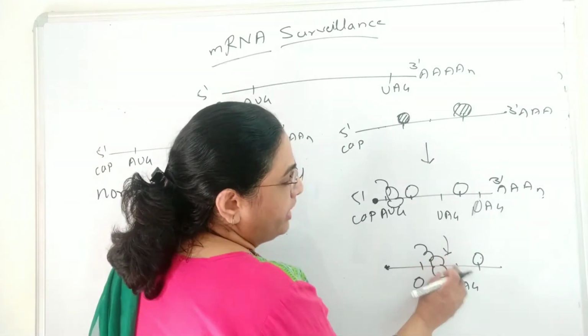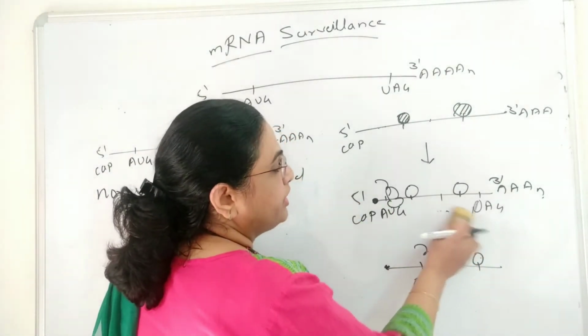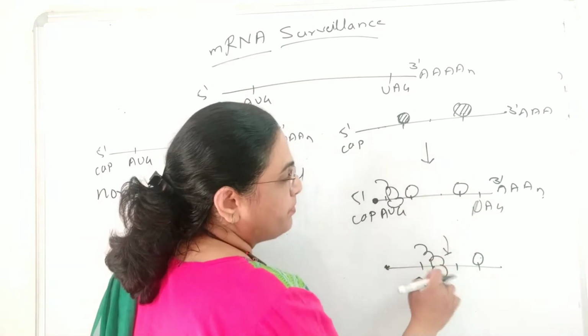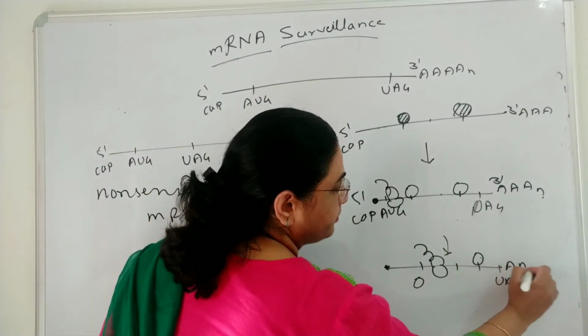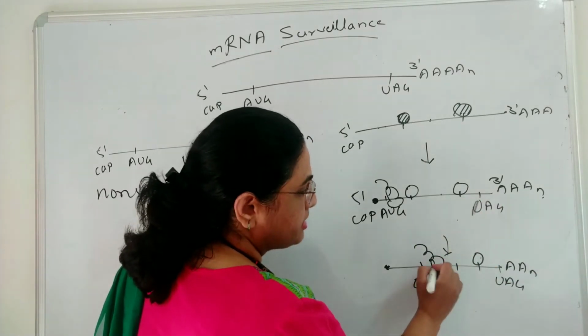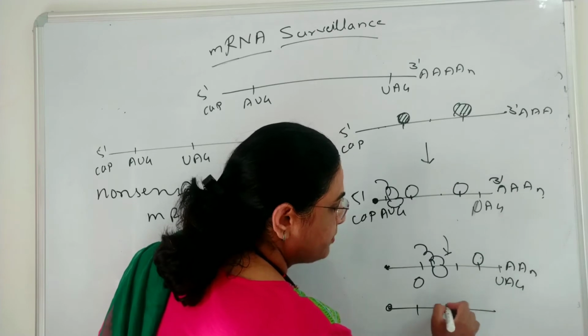Now we are considering the normal one. When the ribosome is going to be passed further, the second exon junction complex is also going to be removed.